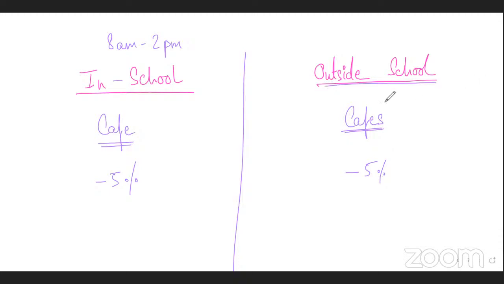Whereas outside school, you can just go when you feel the need of hanging out. So you'll be in this scenario more often. Do you agree with me? Outside school is more often compared to in school.